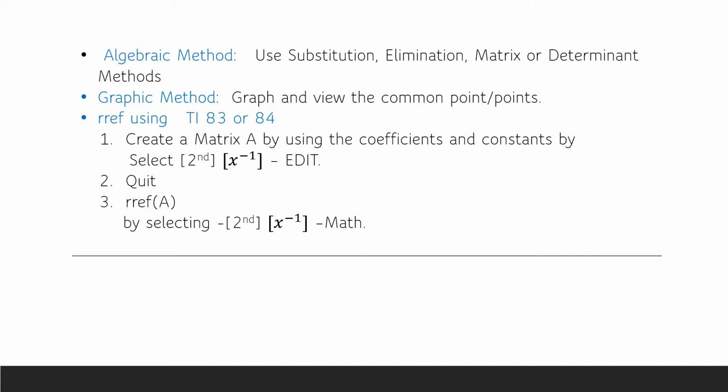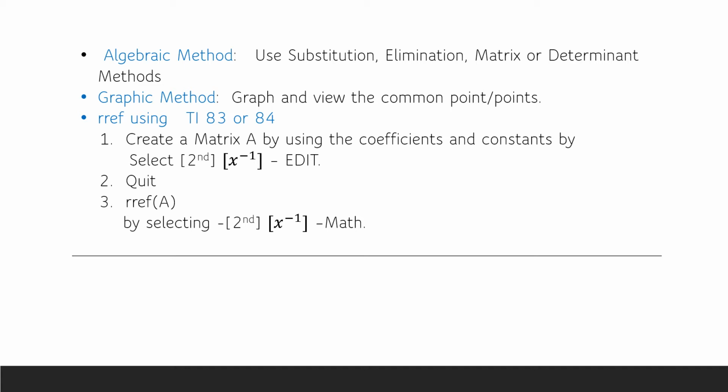Now in order to get that rref, first we have to create a matrix using the coefficients of the equations, as well as the constants given in that system. You can create the matrix by selecting second x inverse, which gives you the matrix. In that we can edit. We can edit that as a 3 by 4 matrix.